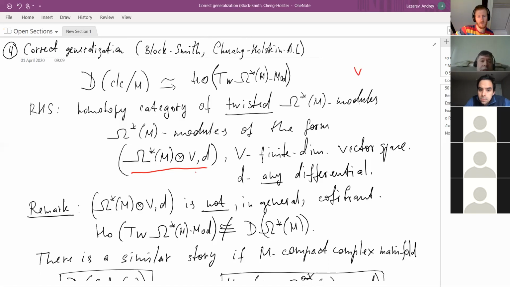That's important. So in some sense, it is easier. It's maybe not more natural than the notion of a cofibrant module. A cofibrant module is something similar, except that there are some restrictions on D, or maybe on the whole thing.